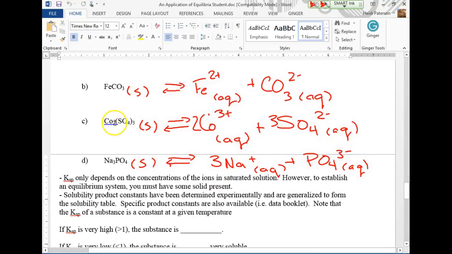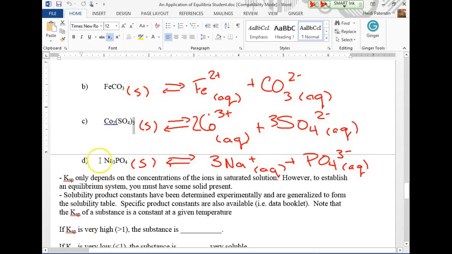So for example here, it says Co2, that means that there's 2 cobalt-3 ions in there. When you write it out, that 2 goes in front of the cobalt. Here you have 3 parts sulfate, indicated by the 3 outside of the bracket, which means that when I write out the sulfate ions, that 3 needs to go in front of the SO4 2 negative.